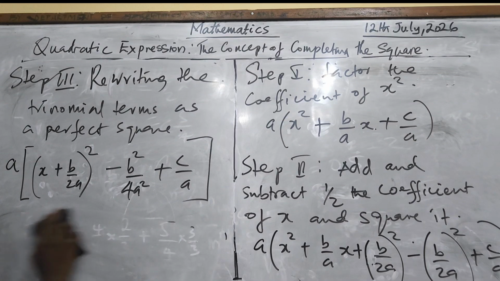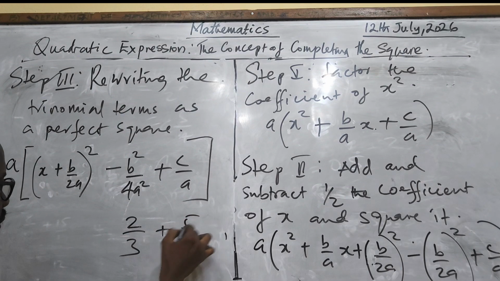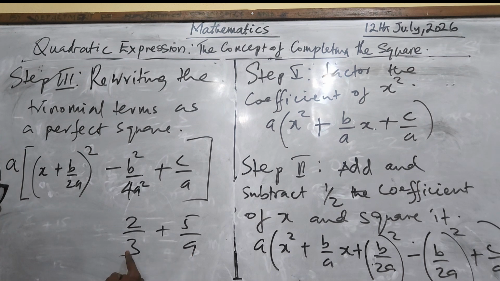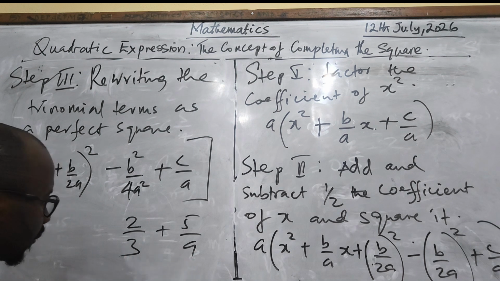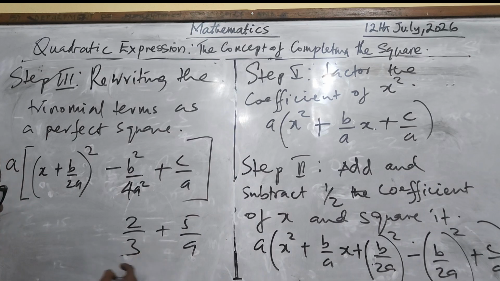Alright, so what if you have 2 all over 3 plus 5 all over 9? In this case, can I make 3 to resemble 9, or can I make 9 to resemble 3? The main question is always, can this be divided by this, or can 3 be divided by 9? The answer is that 9 can be divided by 3. How many times? 3. So if 9 can be divided by 3 times, I'm going to multiply it by 3 all over 3.